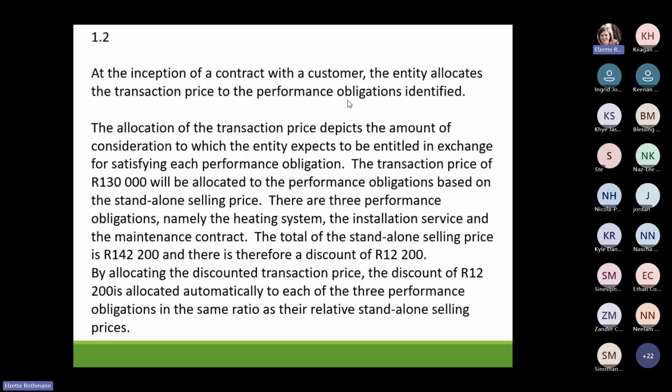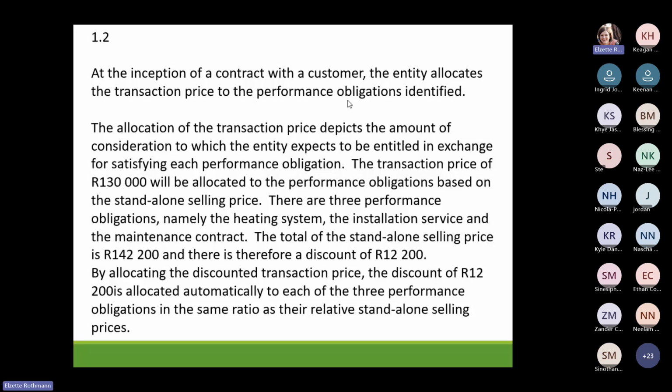Okay, but you can have something like this. At the inception of a contract with a customer, the entity allocates the transaction price to the performance obligation identified. Okay, so if you think about the calculations we did, that's exactly what we did.